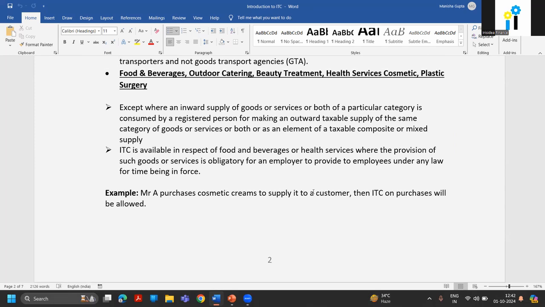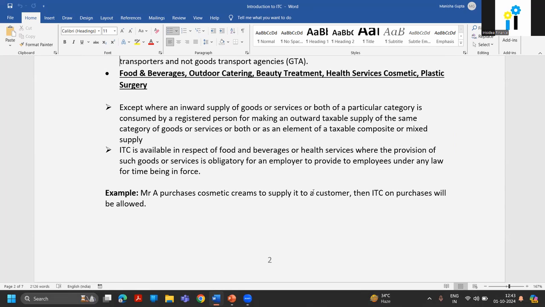Means food and beverage is a composite or mixed supply. Outdoor catering is the same; beauty treatment is also a composite or mixed supply. Health service, cosmetic, plastic surgery are allowed if it is a composite or mixed supply. Okay. ITC is available in respect of food and beverage or health service where the provision of such goods or services is an obligation for an employer to provide to employees under any law.